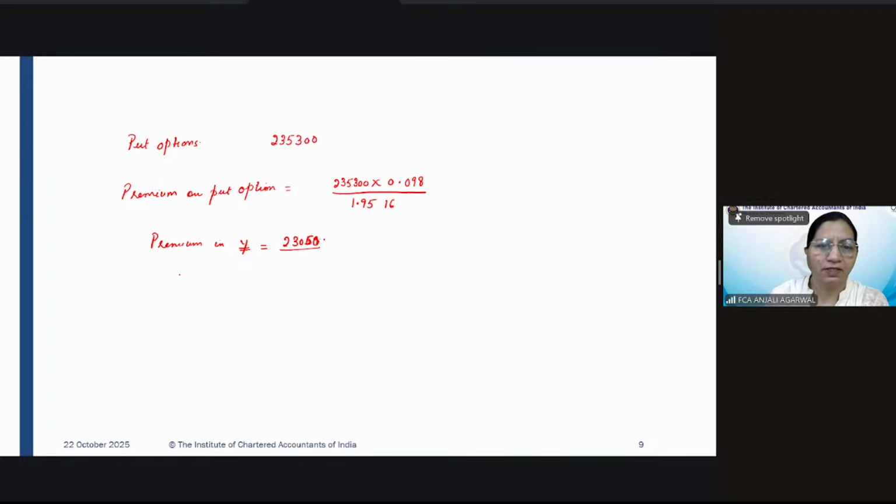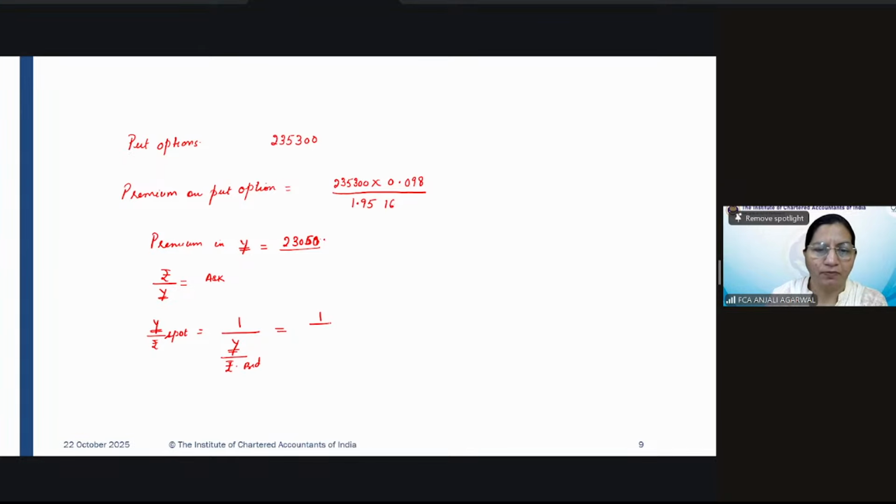How will you get the yen? By buying these many yen. So you need what? Ask. What is given? Yen by rupee spot. So 1 upon yen by rupee bid.